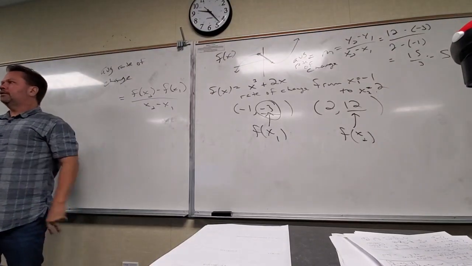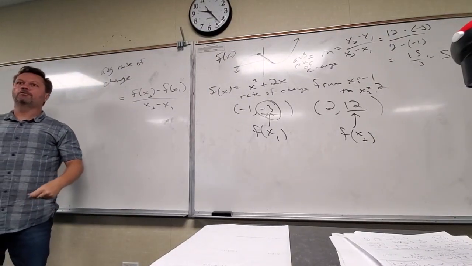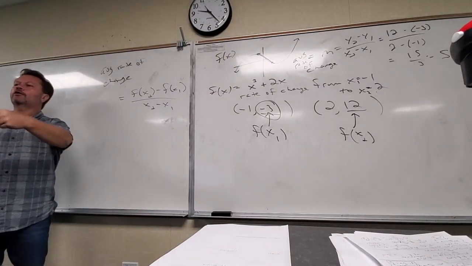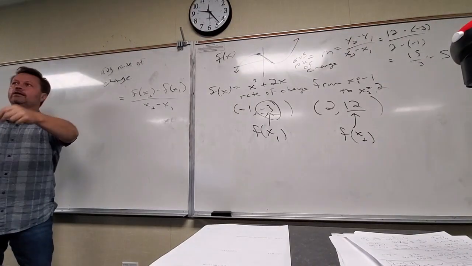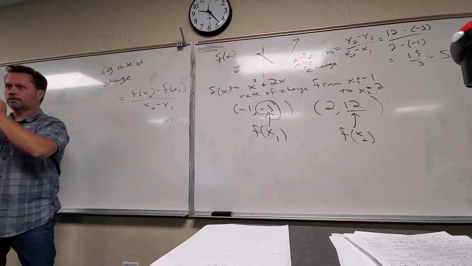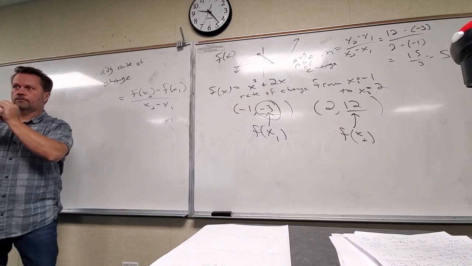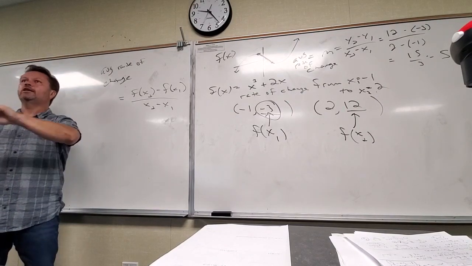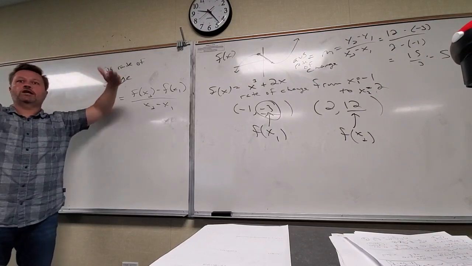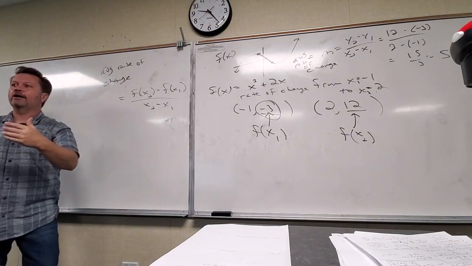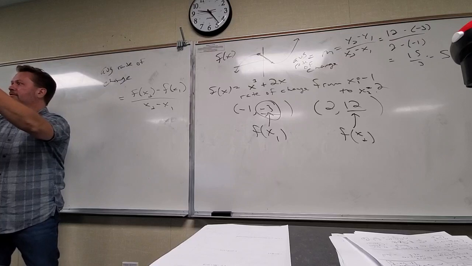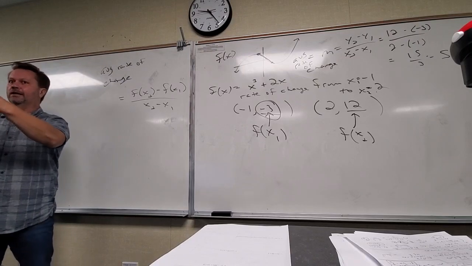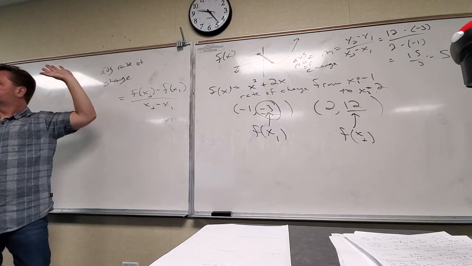It's still just the formula for slope, but what's different is we have to create our points. We have to plug the inputs in that they gave us. So if I give you a function and say, what's the average rate of change from 3 to 5? Well, you plug a 5 in, you get an output, you plug a 3 in, you get an output, and then you just do the slope.